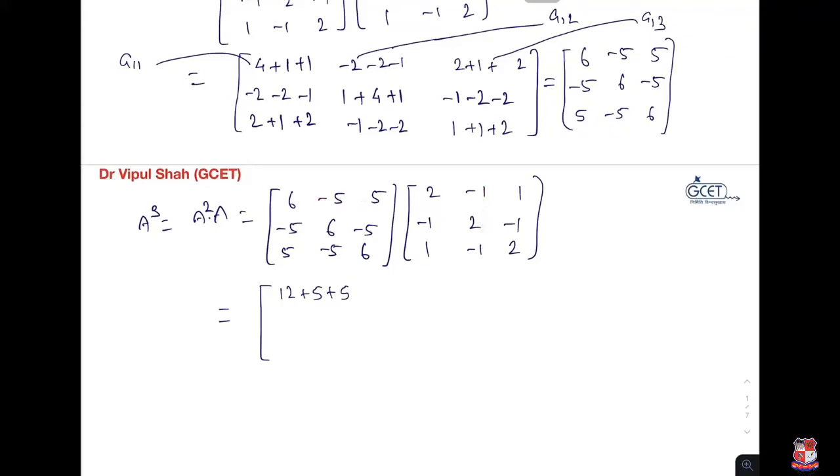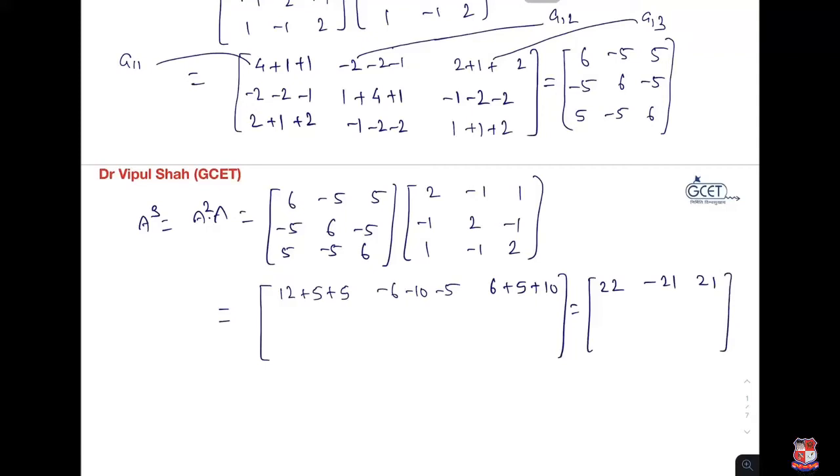Then first row, second column, so that is minus 6, minus 10, minus 5. Then first row, third column, so 6, plus 5 and plus 10. So this is 22, minus 21, and 21.